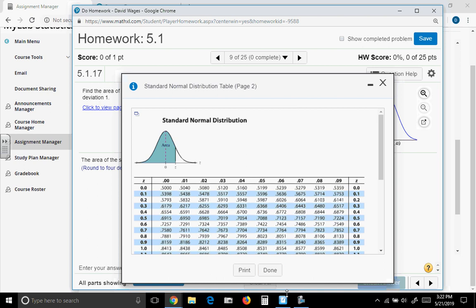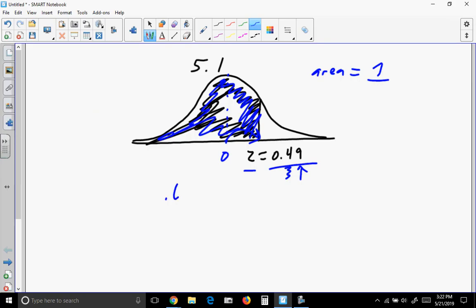So 0.49 is this value. Notice also for reference they give us the 0.4 over here. So 0.49, those come together at 0.6879. So 0.6879 is the area of that particular region.